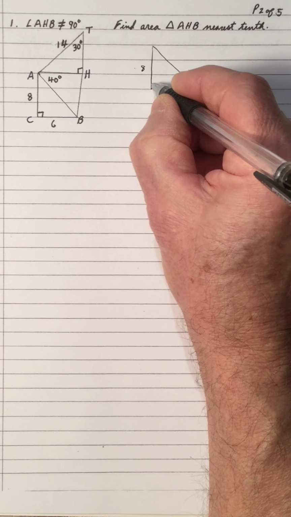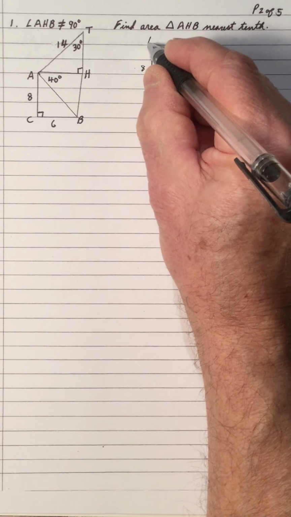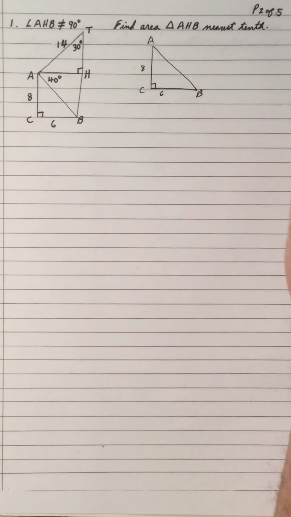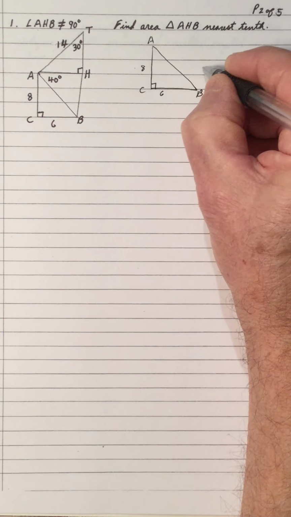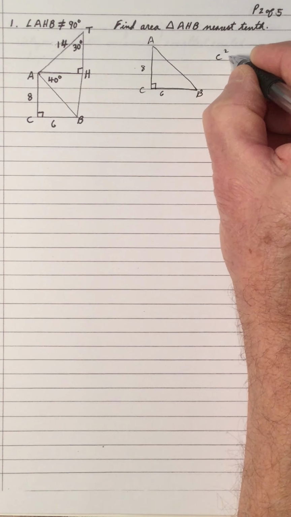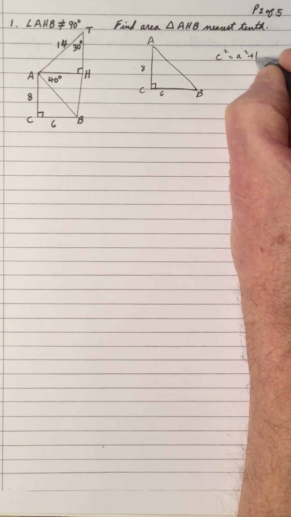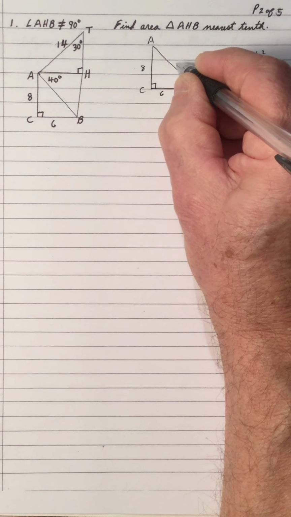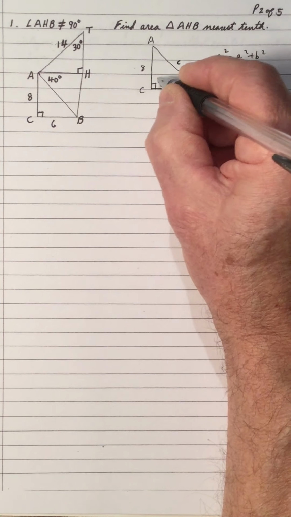So that's 8, 6, and AB. What we have is a right triangle, so c squared is a squared plus b squared. Let's call this side c because it's in this triangle.